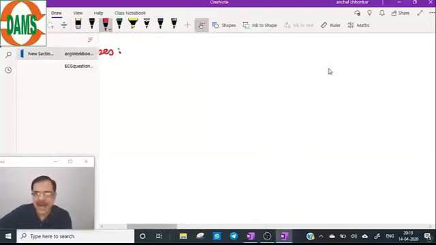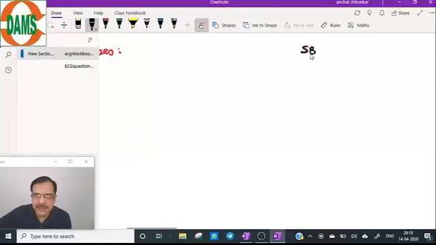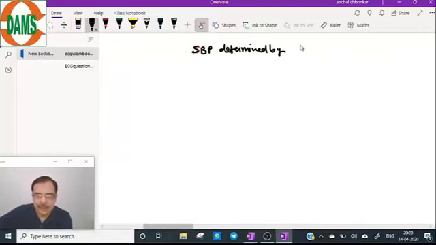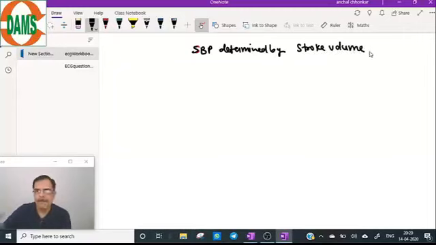The systolic BP is determined by the stroke volume. So if stroke volume is increased, systolic BP will increase.